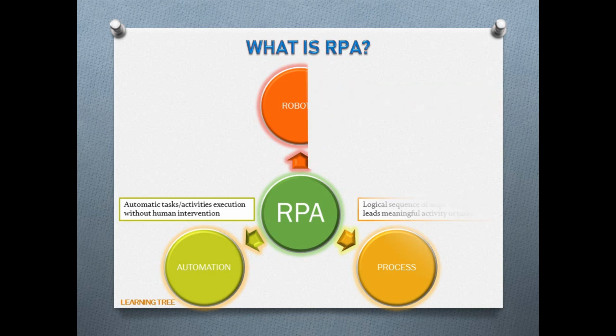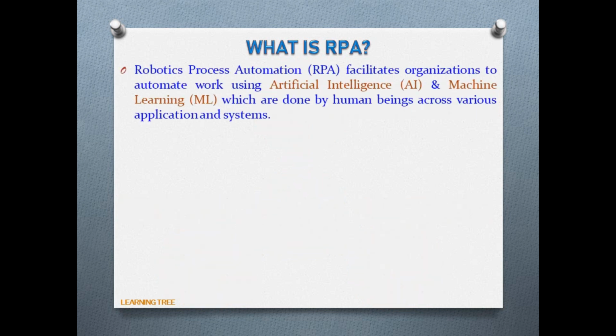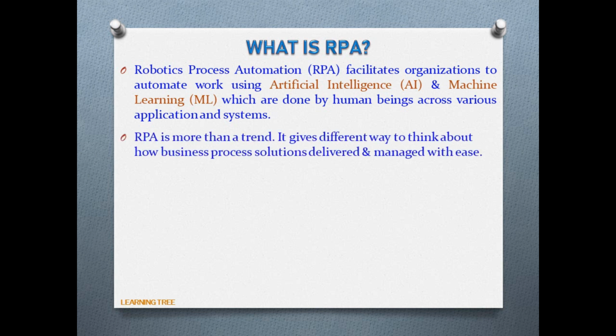What is RPA? Robotic Process Automation facilitates organizations to automate work, using artificial intelligence and machine learning, which is done by human beings across various applications and systems. RPA is more than a trend. It gives a different way to think about how business process solutions are delivered and managed with ease. RPA transfers the process execution from humans to software.